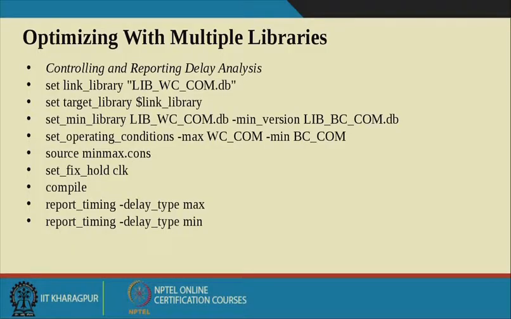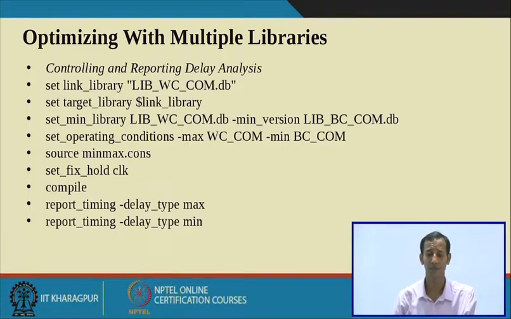Then optimizing with multiple libraries. Multiple libraries means that when you are working with a library, the libraries provide three types: one is best case, one is worst case, and another one is typical case. Specify those.